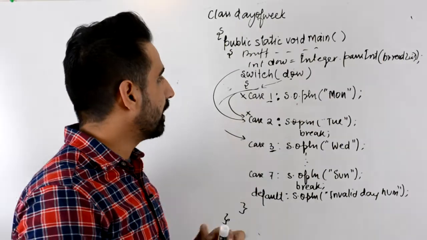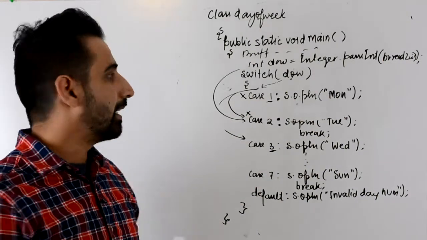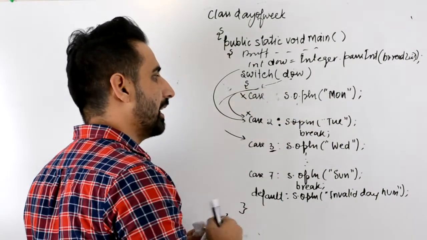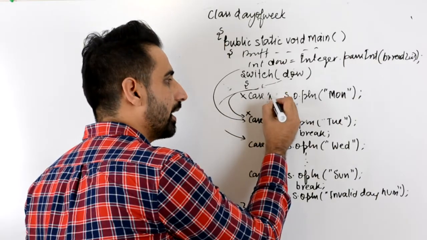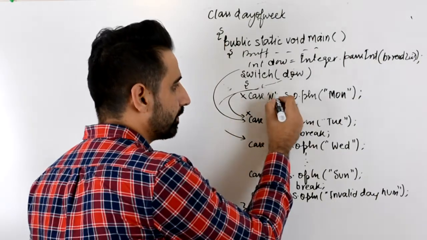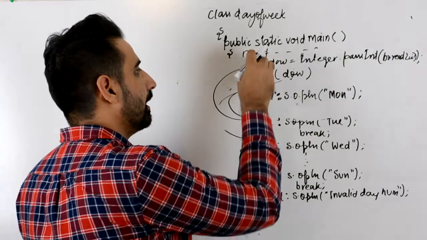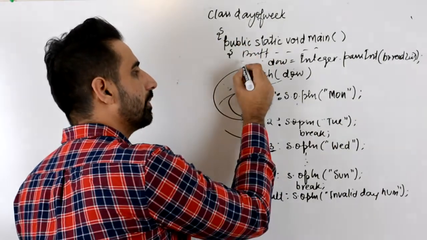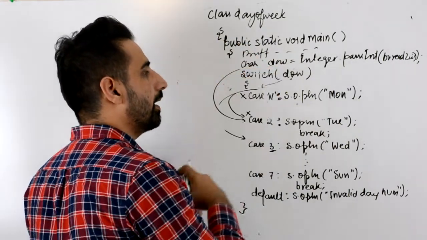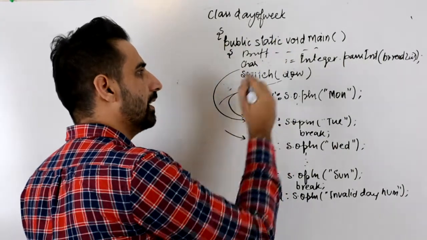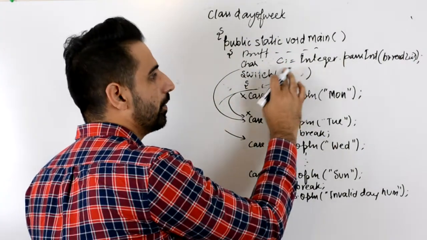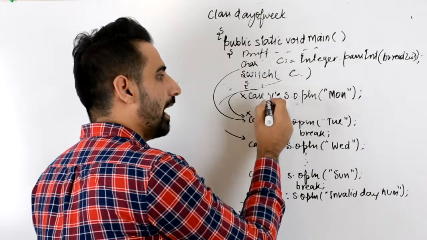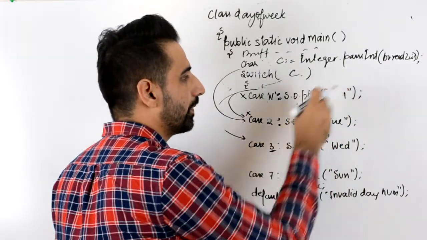And here instead of case 1, you will write N. And instead of int, we write char. And DOW you can leave as it is, or you can write C, and here we write C. If N, then what should it print?